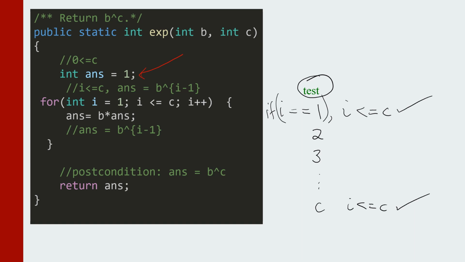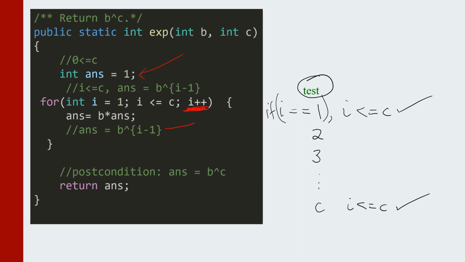And if I loop through, I see that I'm going to do ans is equal to b times ans, and that's how exponentiation works. And at the end of each of these iterations, I will still have that ans is equal to b to the i minus 1. The reason that that holds true is because of this i plus plus here.